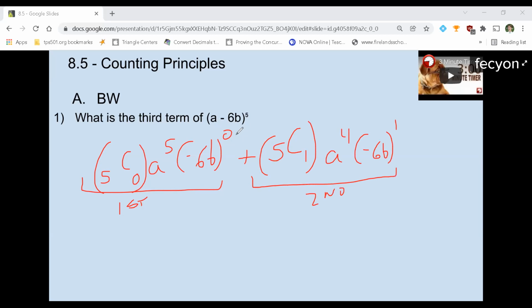So for us, if we want the third term, that would be 5 choose 2, a to the 3rd, negative 6b to the 2nd. And then you have to tell me what that is. If you have 5 presents and you can choose 2 of them for your birthday, this is probably the weirdest analogy.